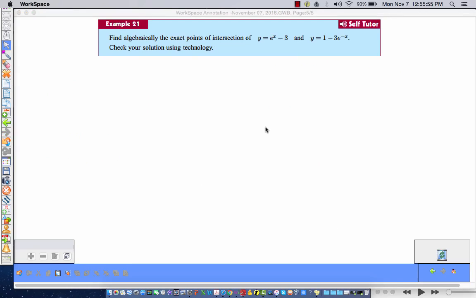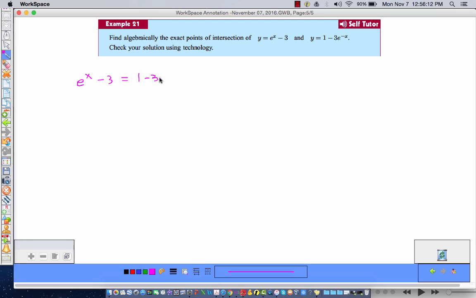Example, we'll be using our calculator again. Find algebraically the exact points of intersection of these two functions. Check your solution using technology. Well, we already know that the intersection point comes when the two functions are equal. So I'm going to set them equal to one another. Okay, and then I'm going to gather my variables on one side.